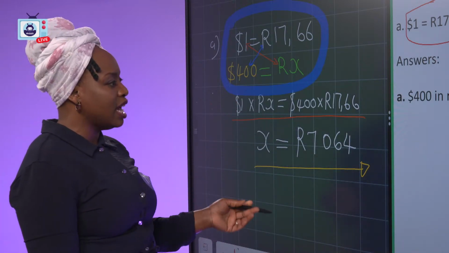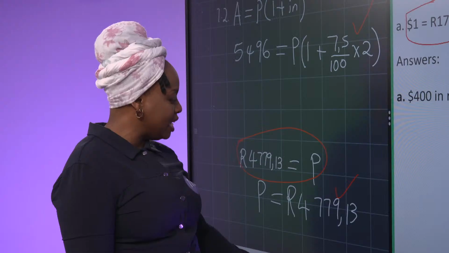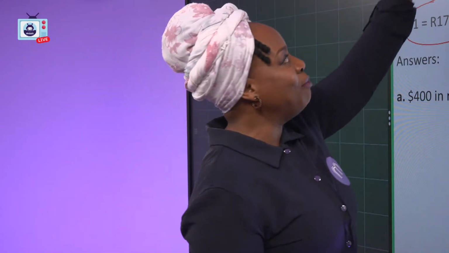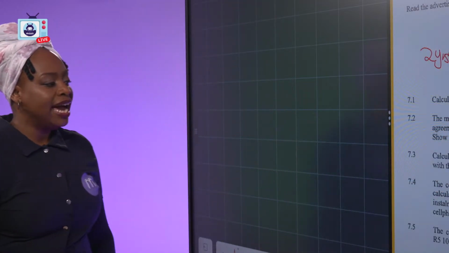You can just come straight away and tell us that $400 in rand will be 400 multiplied by 17.66, which is 17 rand 66 cents, and then you get to the answer. So you don't really have to do all that, but for those who needed to understand, that is the part of the teaching, the teacher I am, to make sure that I teach for understanding. All right. Okay.